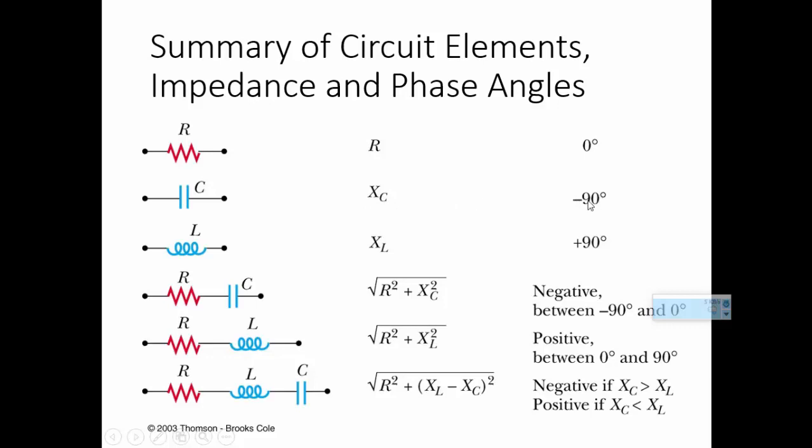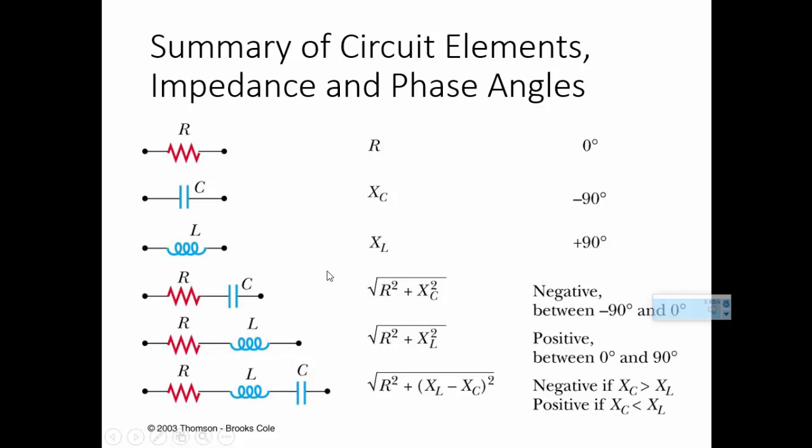And why are we writing minus 90 degrees? Minus 90 degrees because if we take the X-Y plane, the capacitor is lagging, on the lagging side. And this is an inductor, and we take XL, and on the impedance triangle we can see that the inductor leads.